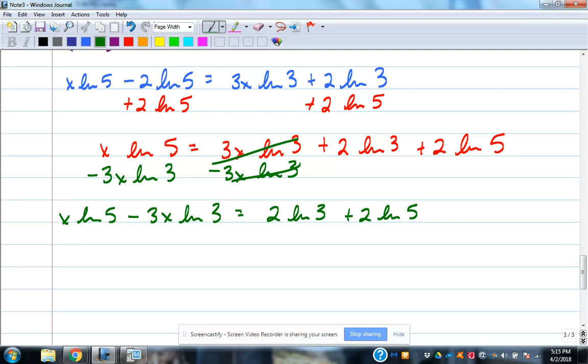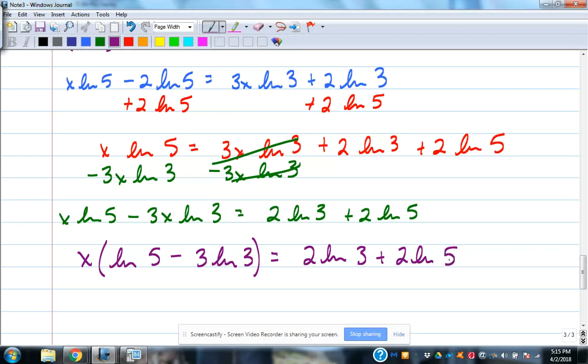Now, what do these two have in common? X. So what can I do with that? Factor. Then we're going to divide. Factoring and dividing are very, very similar things. The right idea. Get the x out of there by factoring it so that it's natural log of 5 minus 3 natural log of 3. The other side hasn't changed any, just copy it down. Now, what's going on between x and this big junk in parentheses here?